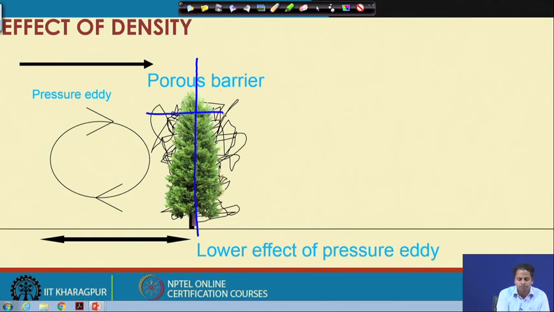Since this porous barrier is allowing some air to pass through it, there is a moderation in the air flow here. So, the effect of pressure eddy will reduce on the windward side.